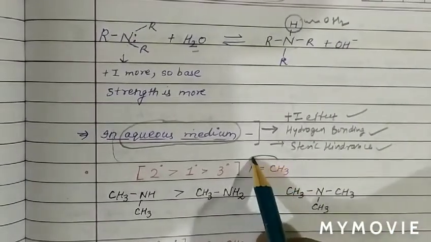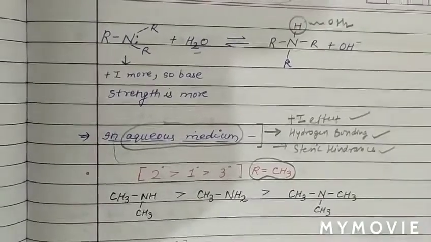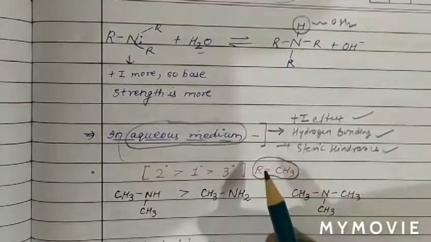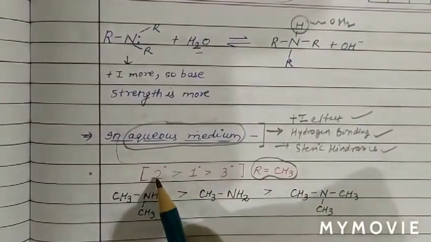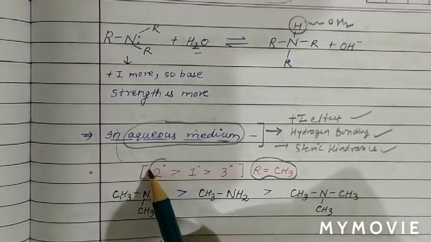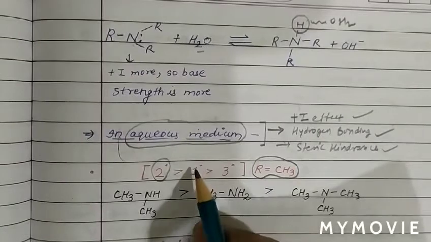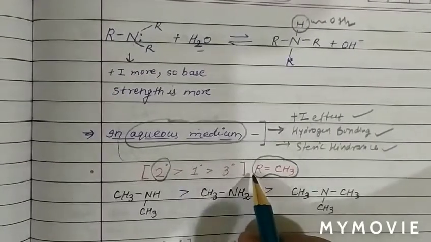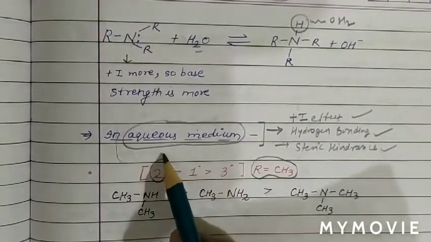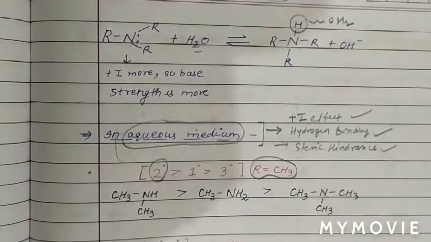When the alkyl group R is CH3, then the order of basic strength: 2 degree amine will have the highest basic nature in aqueous medium always, whatever group is present. If R is any group, then we say the basic nature of 2 degree amine is most in aqueous medium.